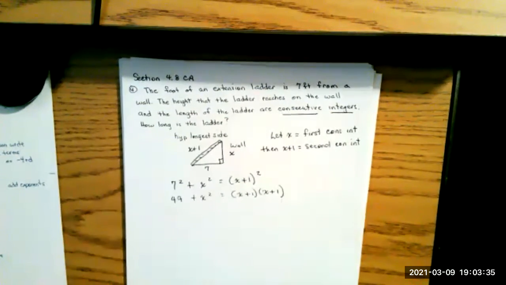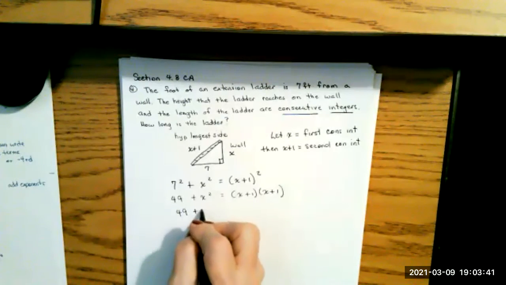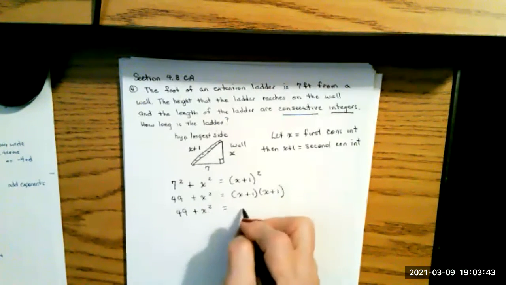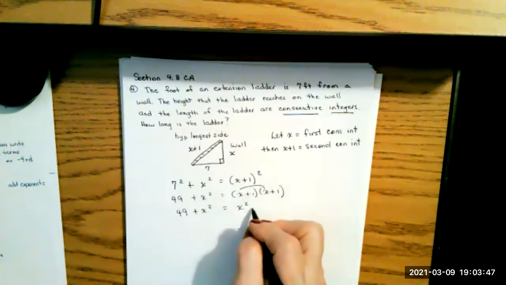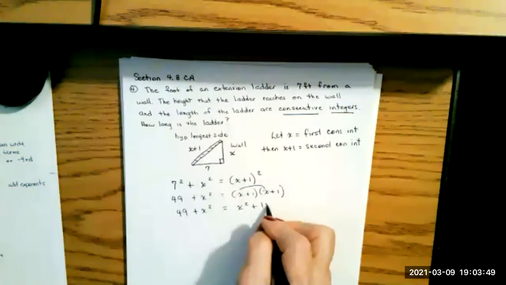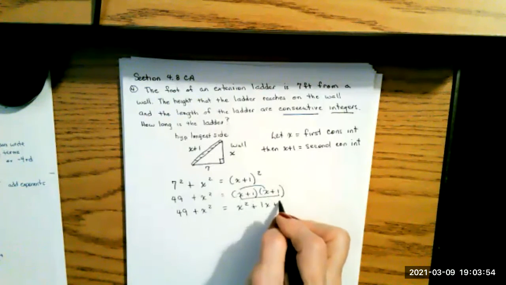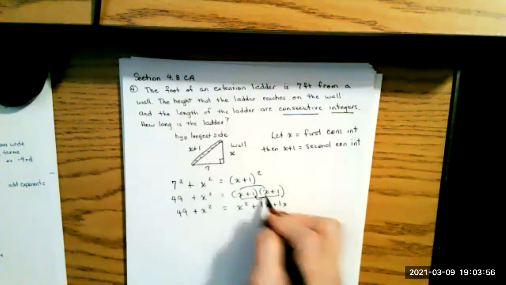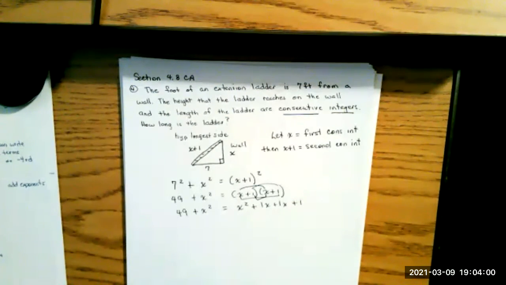Don't forget to multiply that out. That's going to be 49 plus x squared equals x squared plus 1x plus 1x plus 1. First, outer, inner, last.